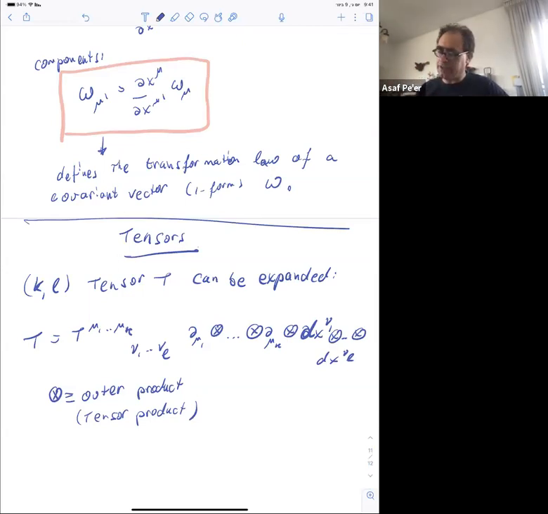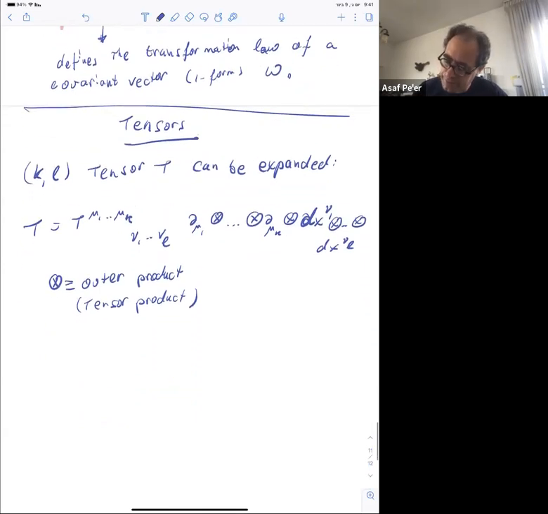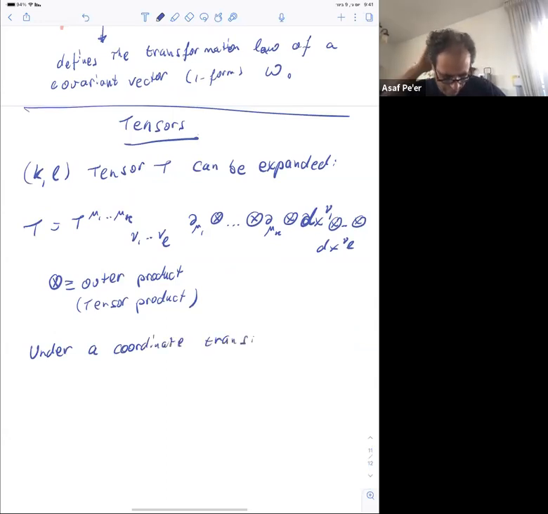So under any general coordinate transformation, the components change as a product of contravariant vectors and covariant vectors.